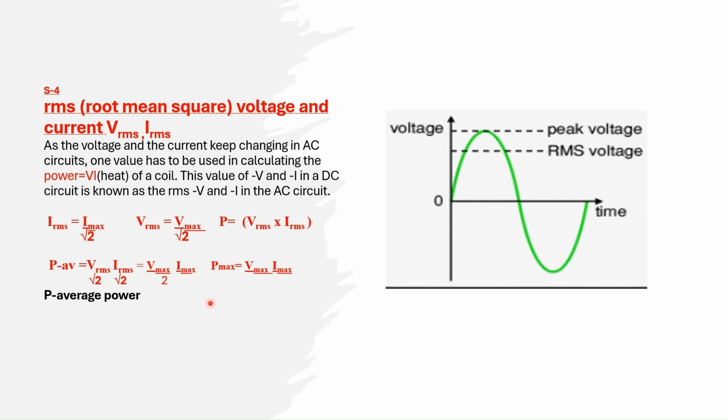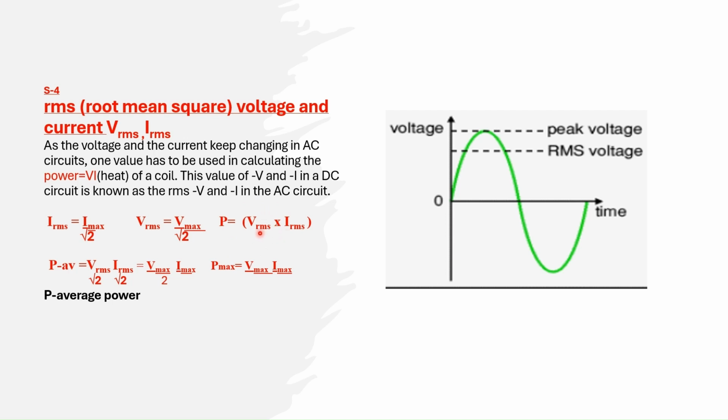Therefore, how can you calculate the power? Even though we put the AC circuit through a bulb, it is lighting up, power is produced, heat is produced. We have to calculate the heat or the power produced. So the formula for the power is VRMS times IRMS. Normally power is VI, but here we have to use the RMS values.